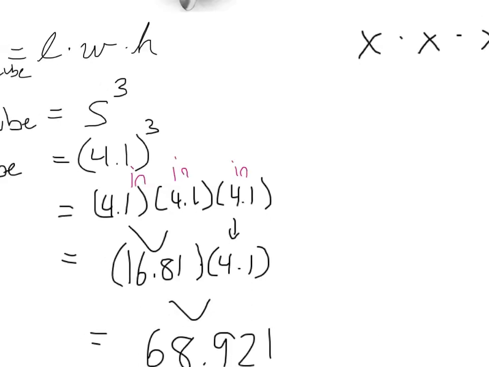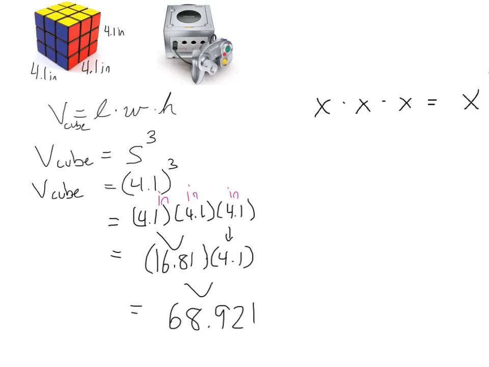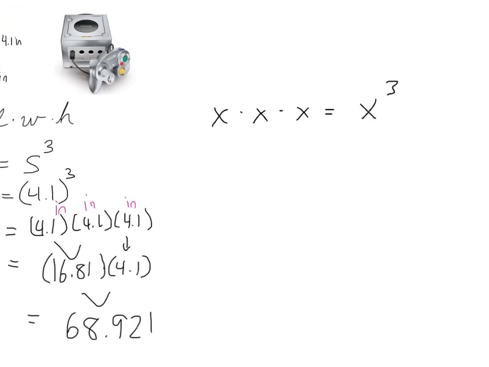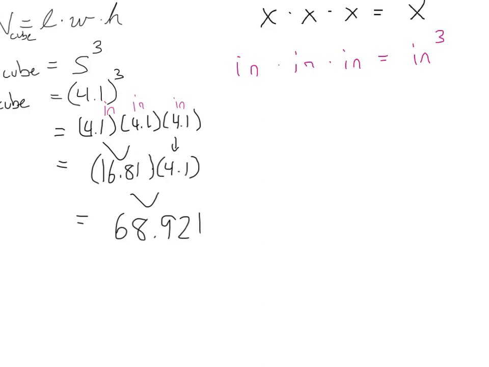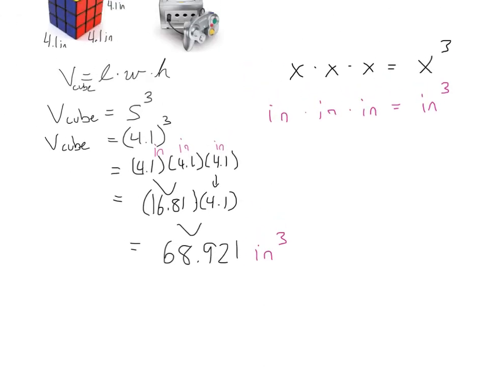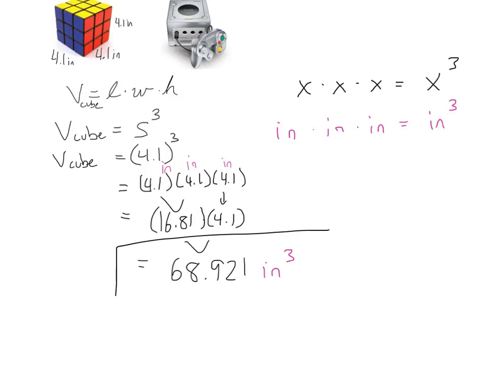Right? So just like x times x times x equals x cubed, if you take something with inches times something else with inches times something else with inches, you get inches cubed. So what's our label down here? Well, it's going to be inches cubed. And that would be the volume of that Rubik's Cube with sides of 4.1 inches long.